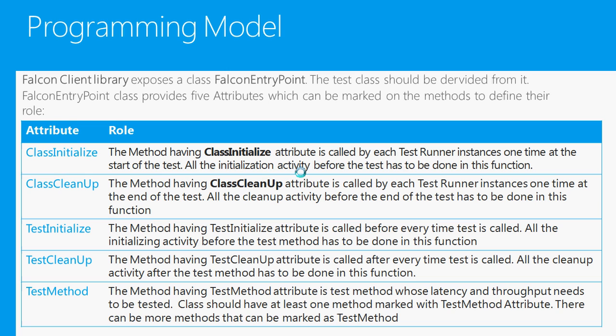Okay, so what you have to do is, there is a Falcon client library which exposes a Falcon entry point class. Whatever tests you are going to write, you are going to write as methods, and these methods should be under a class, and this class should be derived from Falcon entry point.